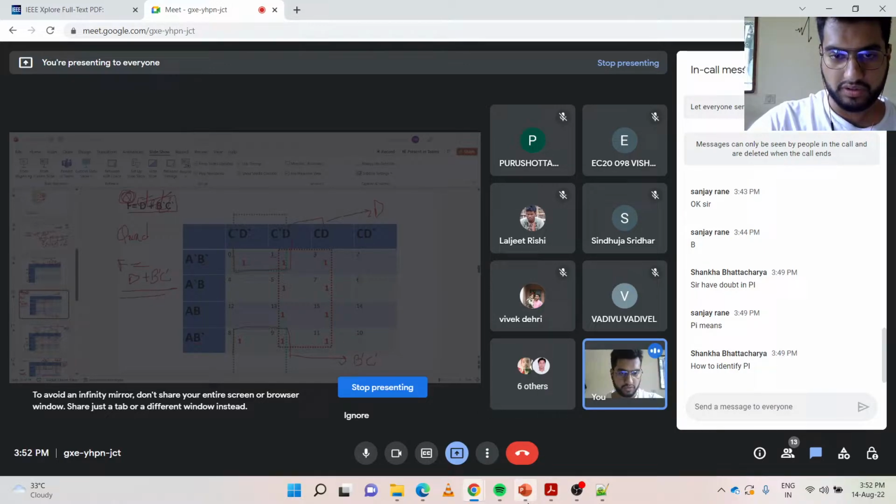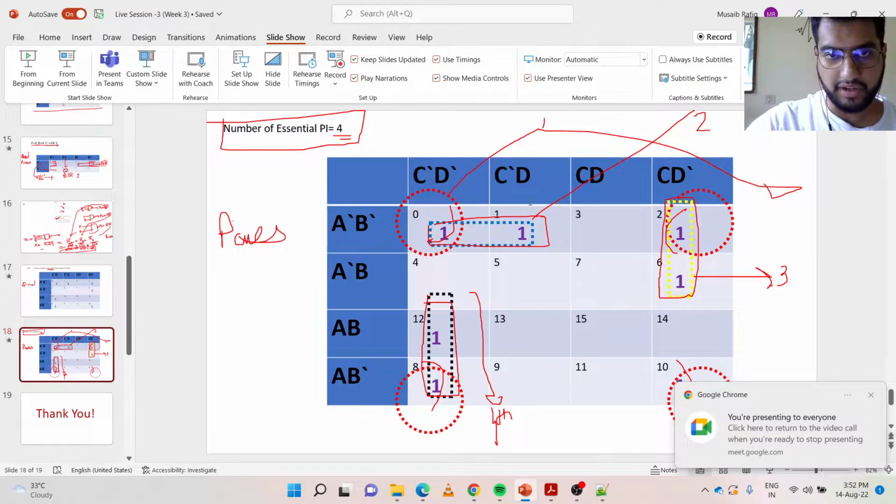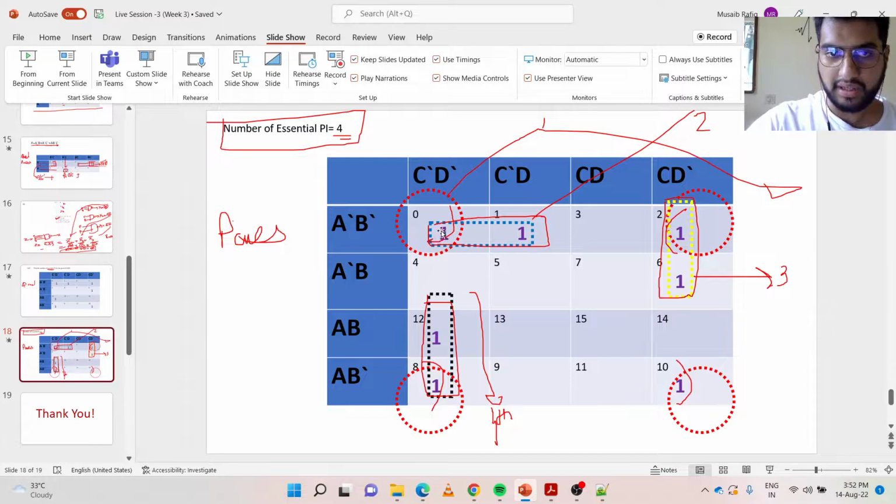You see in the last question I showed this minterm 1. This minterm 1 was not covered by any other chord or any other pair apart from this pair. So this pair has to be there. So this pair will always be in the final solution. So is this pair and this pair and this chord. So that was it. I hope I am clear.